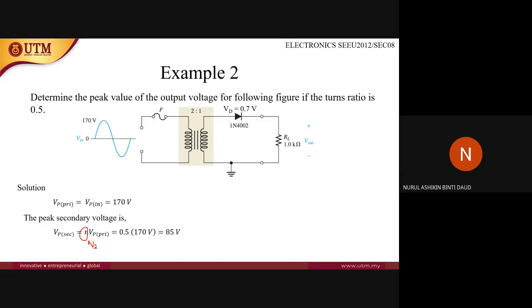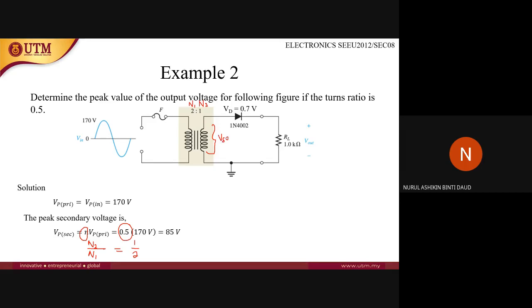This is N1, this is N2, right? So N2 over N1 is 1 over 2. So here comes the value 0.5. So 0.5 times 170 volts, and you will get at this secondary a peak voltage of 85 volts, right?